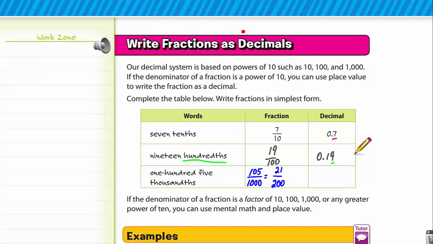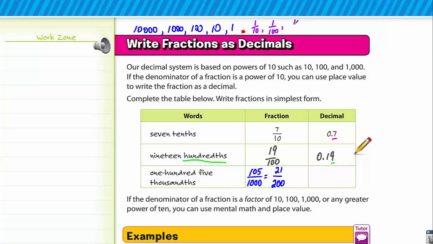Now, as you move past that decimal point, you have the ones, and then you have the tens, and you have the hundreds, and the thousands, and the 10,000s. I don't want to put an extra comma there, but you've got the 10,000s. And then going back the other direction, you have the tenths and the hundredths.